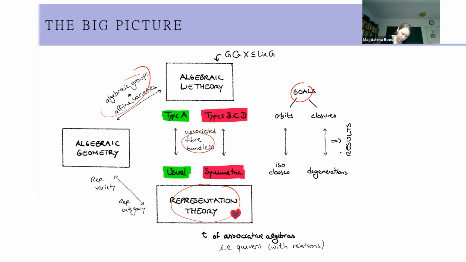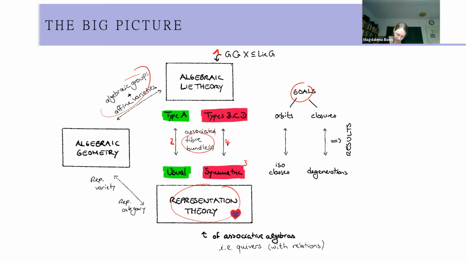So let's see how we work. We start with the motivation. This is the first part of the talk. Then I'll show you the translation in type A to usual representation theory. Afterwards, we have to understand what symmetric representation theory is in order to say something, and I can show you the translation in the classical types.